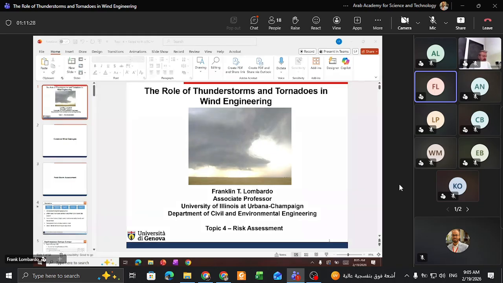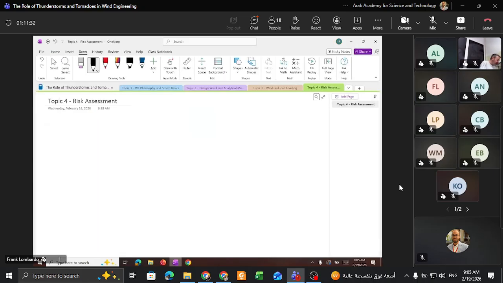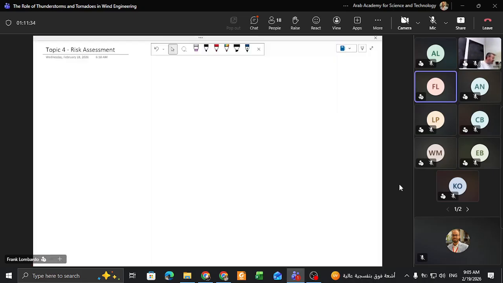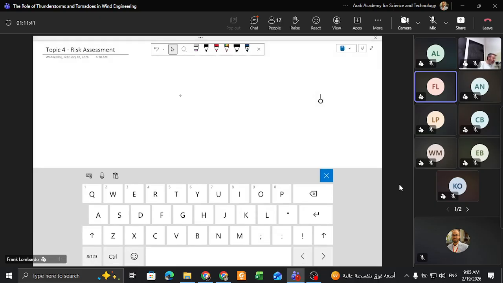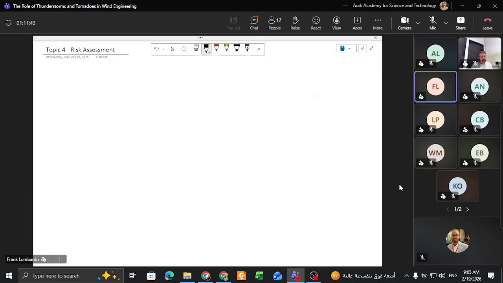All right, let's talk about risk assessment today. If you remember back when we talked on Monday, we showed the wind load chain. We're all familiar with that. At the end of the day, the goal of that is to come out with a wind load that ends up in building codes and standards. Now we're going to take it to the next step.